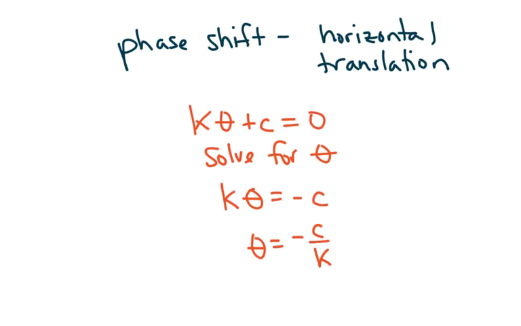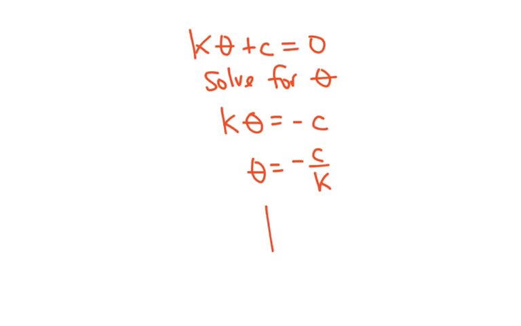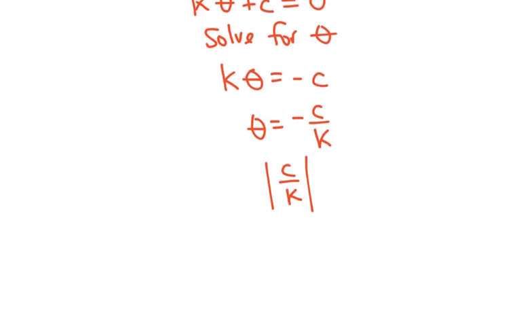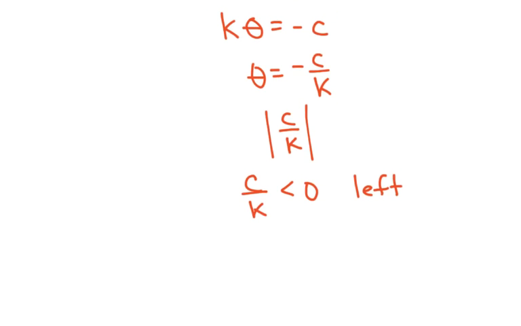Now, the phase shift is really going to be the absolute value of c over k. But the way this works is if c over k is negative, it's going to move the graph to the left. And if c over k is positive, it's going to move the graph to the right.